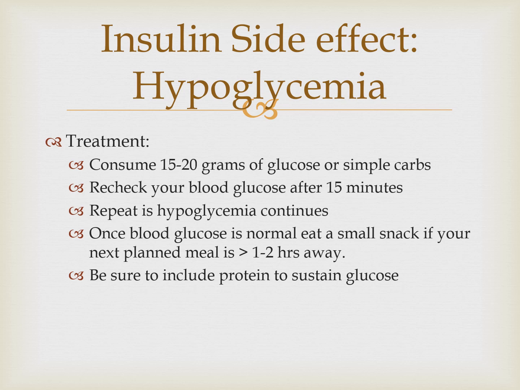You have to give them IV dextrose and/or the stuff under their tongue. If the hypoglycemia continues after you've repeated, just keep going. If you need to double up on something, you can do that too.